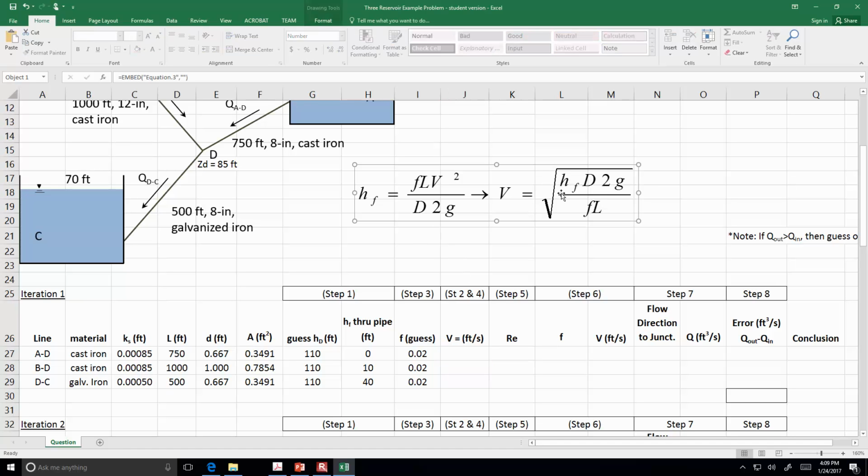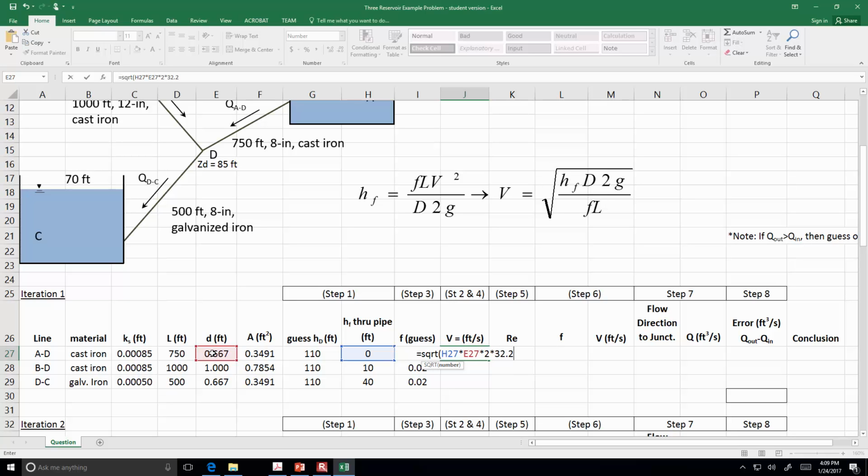All right, now velocity here, I'm going to use the Darcy-Weisbach equation, which I've rearranged to solve in terms of velocity. So put in the square root of h sub f times diameter times 2 times g. And for this, we need to be careful. It's 32.2 because it's traditional units.